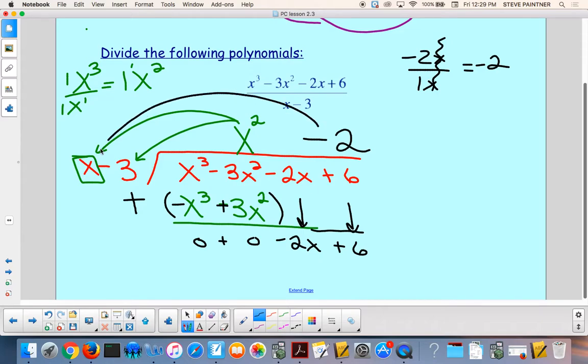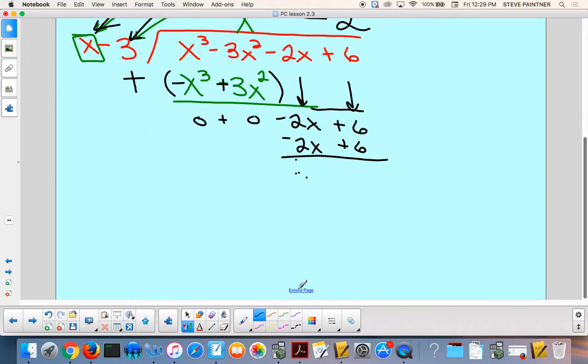Multiply this, and you get negative 2x, positive 6. Draw the line and subtract. And when you subtract, you add the opposite. So you change your subtraction sign to a plus, change this to the opposite, and you end up with what? 0.